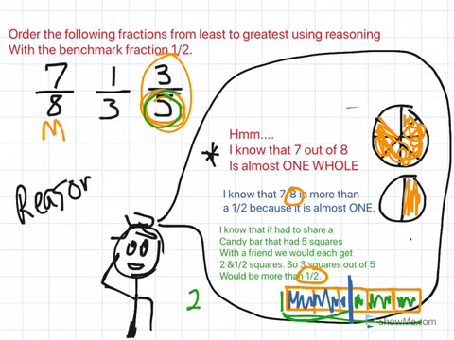So 2.5 is half of 5. Well, this says I have 3 out of 5. So if I had 3 out of 5, that's more than my half mark. So I know that 3 out of 5 is more than a half.